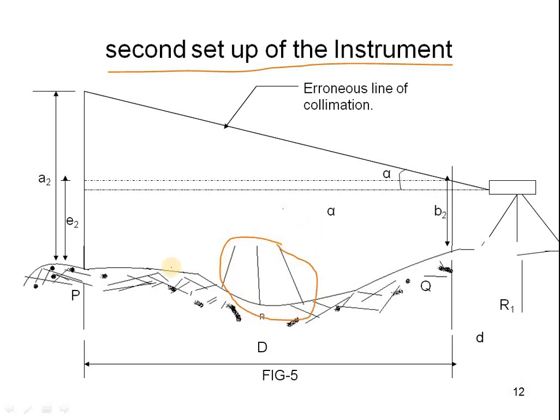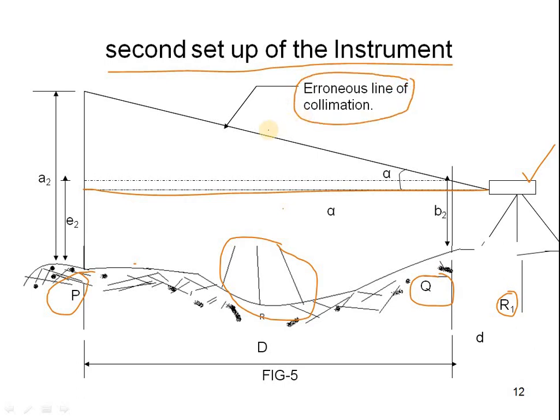Now in the second setup you keep the instrument at the point R1, with the two points P and Q. You can see here the line of collimation, which is this one. This is the line of sight, and this is the erroneous line of collimation. That is the inclined angle, which is termed alpha.